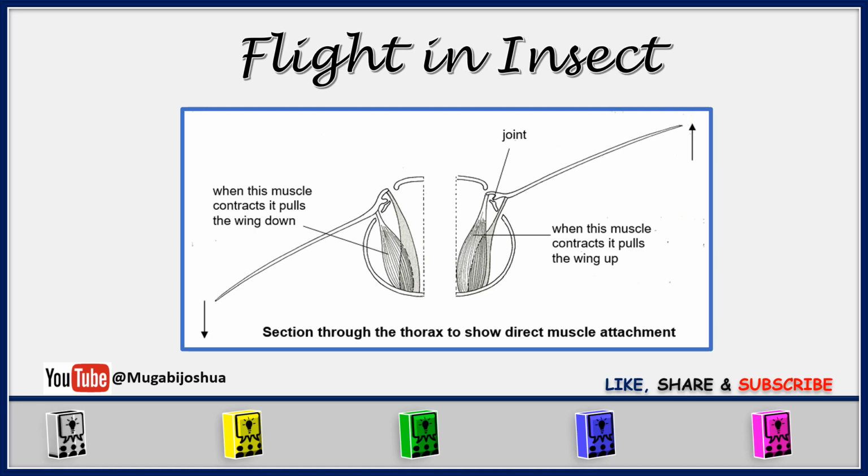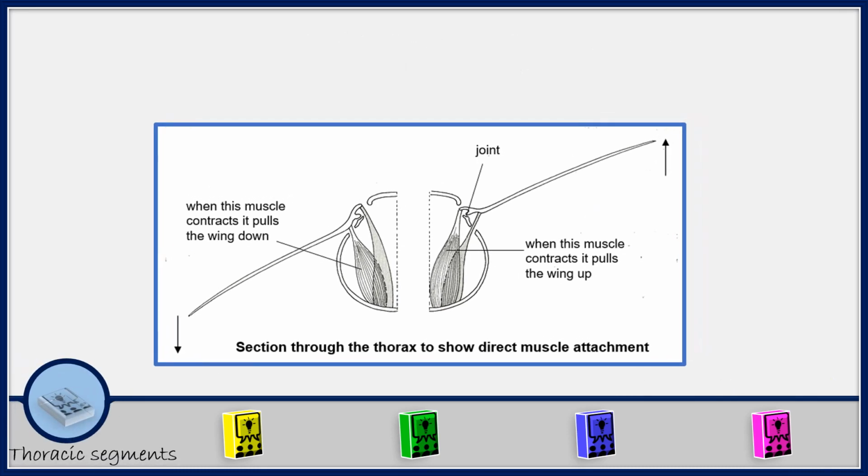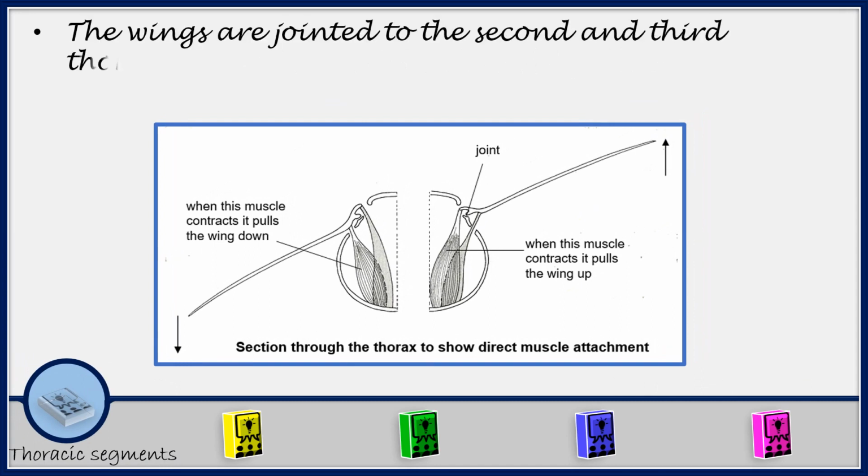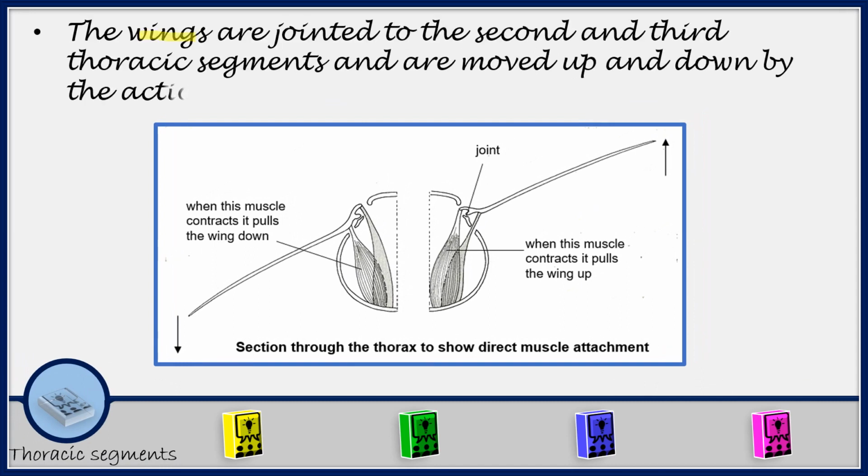We are going to look at flight in insects. The wings are jointed to the second and the third thoracic segments and are moved up and down by the action of muscles.